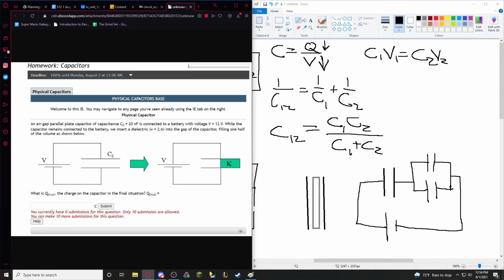While the capacitor remains connected to the battery, we insert a dielectric into the gap of the capacitor, filling one half of the volume as shown. What is Q final, the charge on the capacitor in the final situation? So, first thing, in order to solve this problem, what's the first thing we need to know?